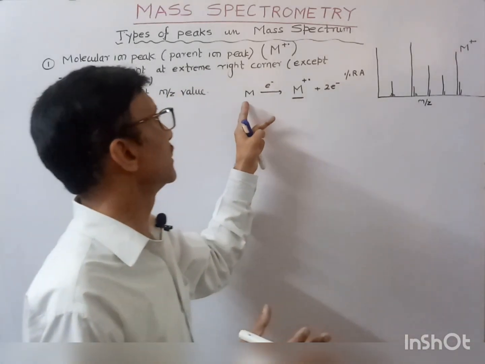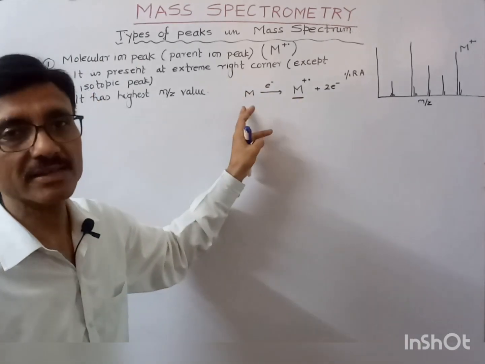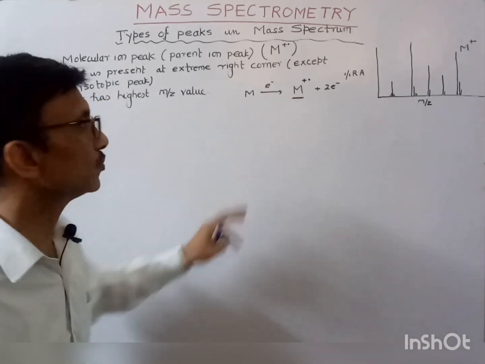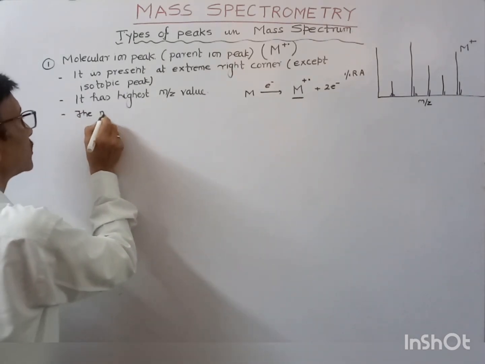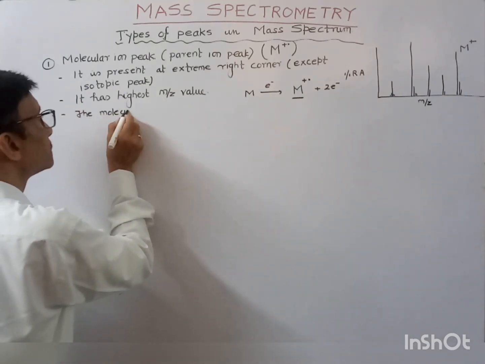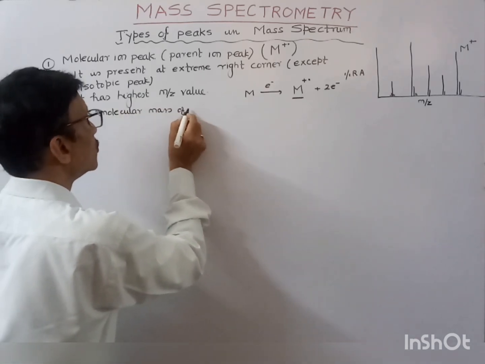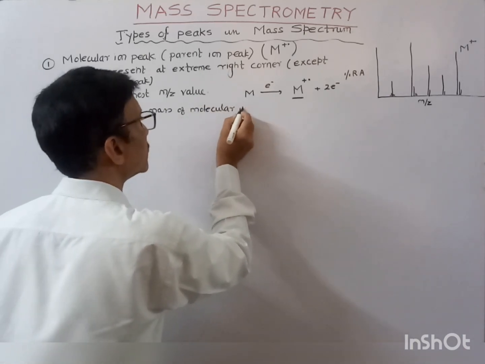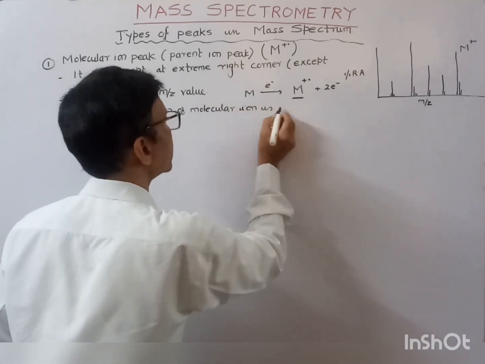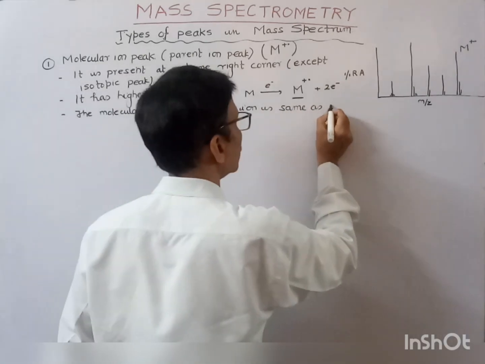So the molecular mass of this molecular ion is the same as that of the molecule. We can write: the molecular mass of the molecular ion is the same as that of the molecule.